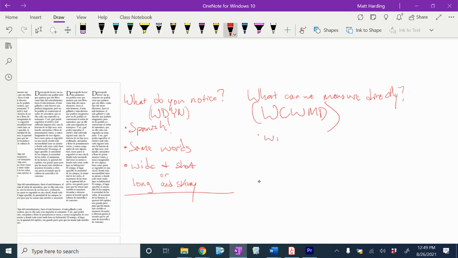We said width with a ruler. We said length with a ruler. And you said character or word count with our eyes.